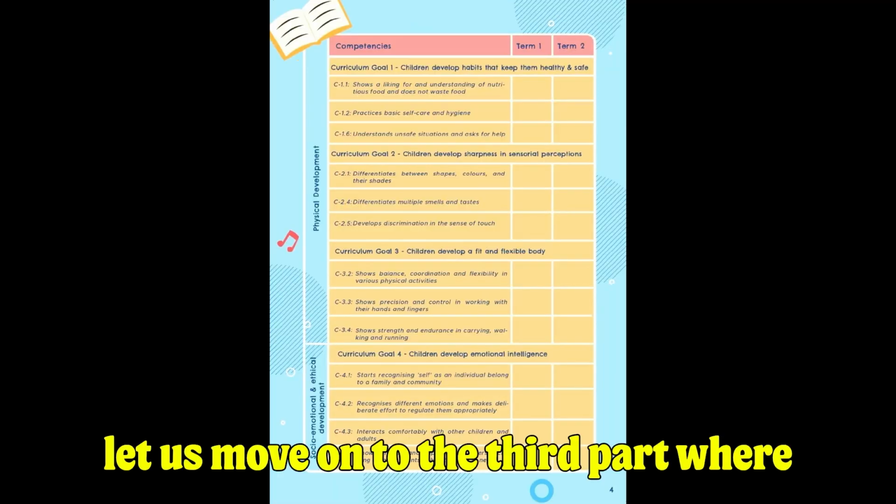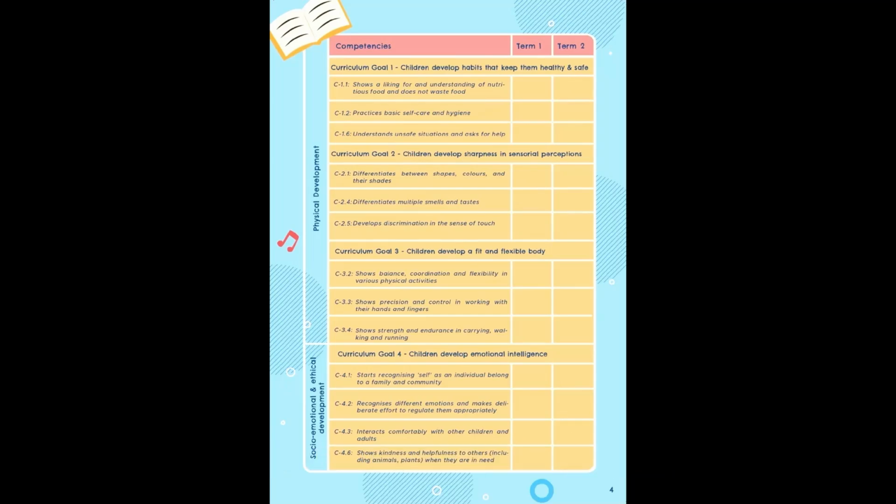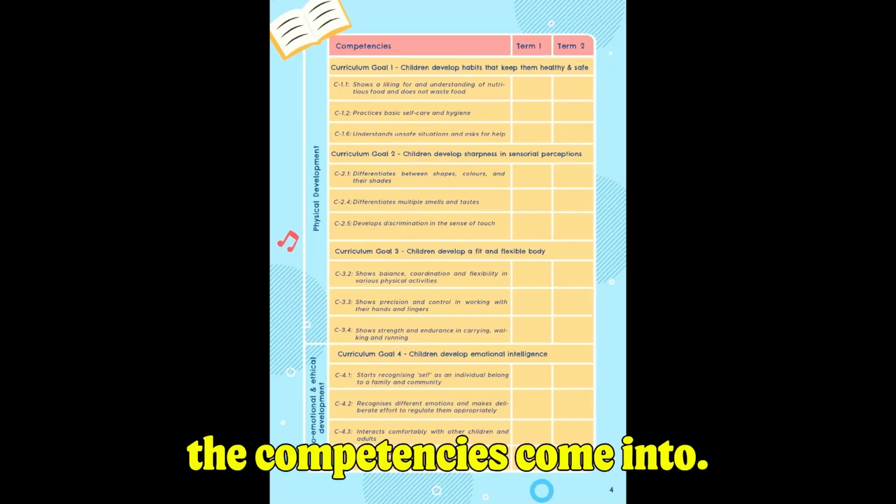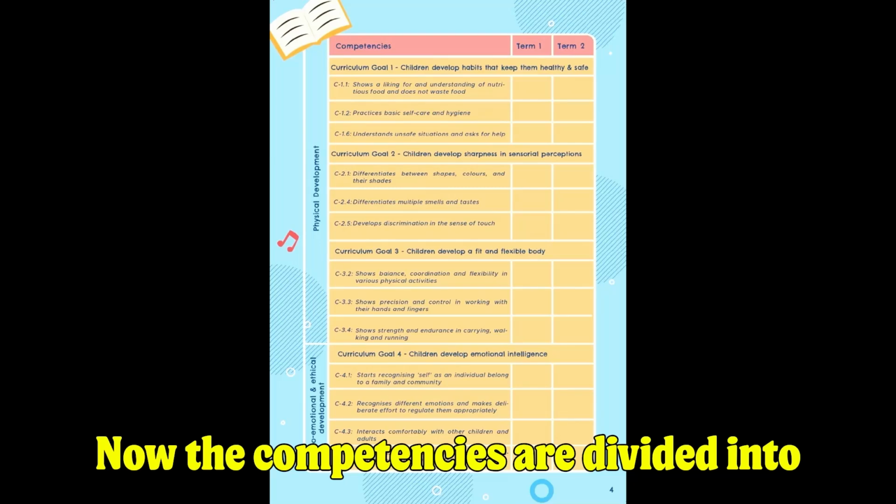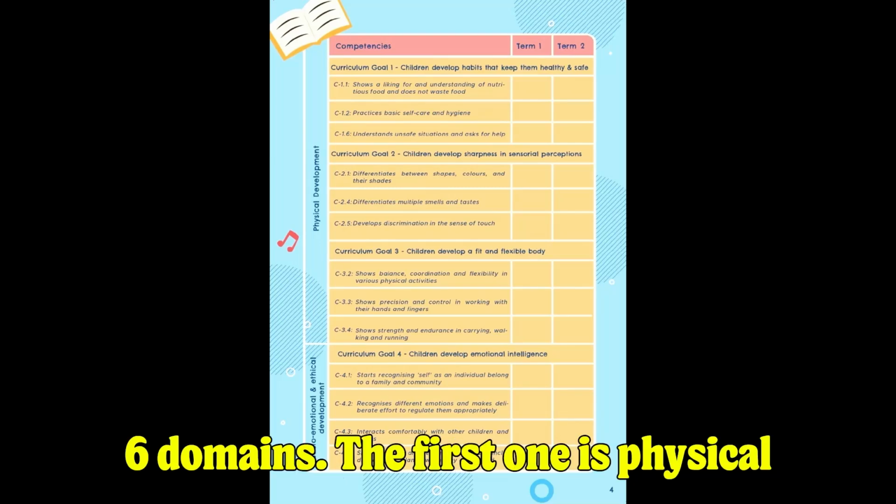Now, let us move on to the third part where the competencies come in. The competencies are divided into six domains.